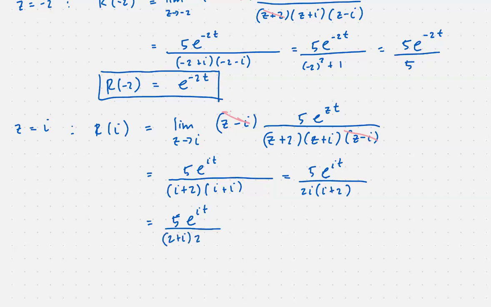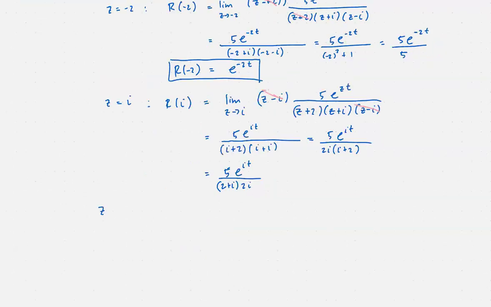Okay, now solving for the final pole, negative i. We have r at negative i. It's just the limit as z approaches negative i of z minus negative i times 5e raised to zt over (z plus 2)(z plus i)(z minus i).